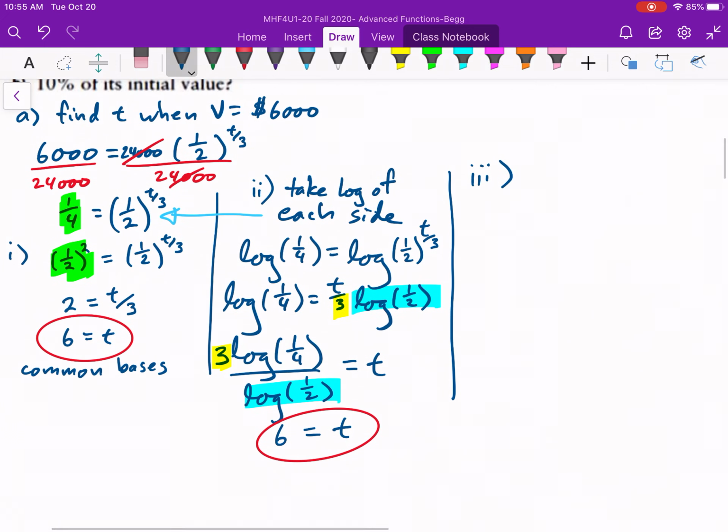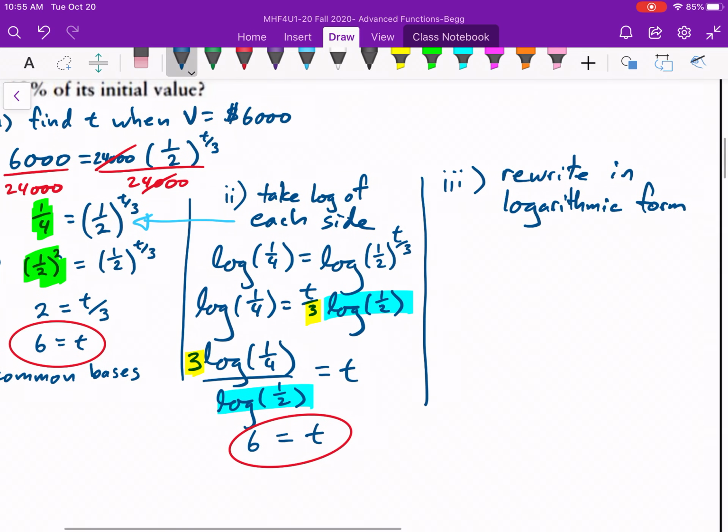So we have this exponential equation, again, starting with 1/4 equals 1/2 to the t over 3. That is an exponential equation. It can be rewritten in logarithmic form.